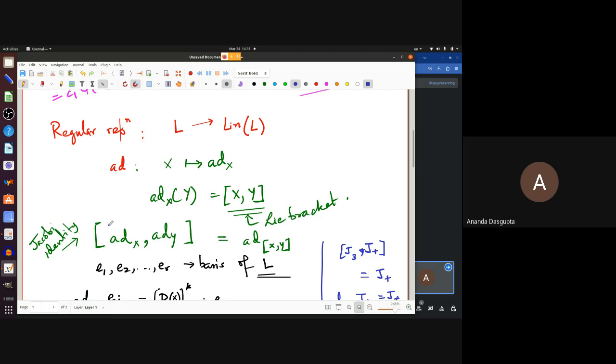In a matrix, what happens is the linear algebra product, that is composition, gets replaced by matrix product, and the linear algebra commutator bracket gets replaced, of course, by the matrix commutator bracket.